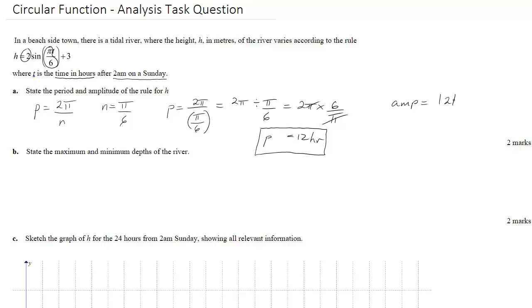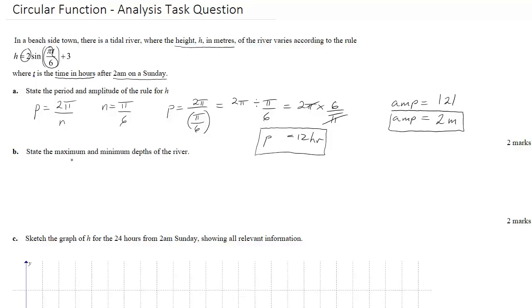Now, I put a modulus sign in front of it because even when you have a negative answer in front of your trigonometric ratio, you're still going to have to give it as a positive answer, and it's in 2 meters because that's what the height is measured in. So that's the amplitude. So this will be your second mark, your amplitude of 2 meters. Okay, so that's the first question A.